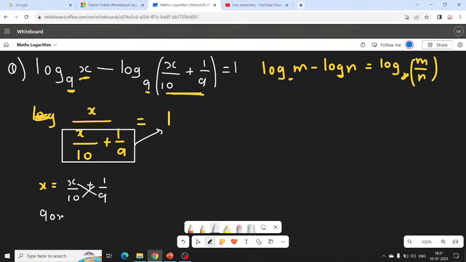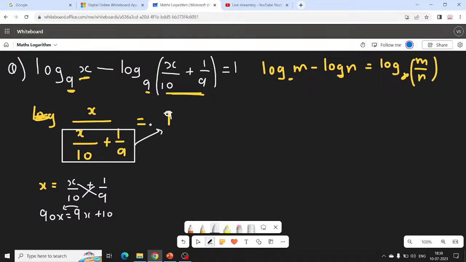This becomes 90x. This is 9x plus 10. Correct? Okay, so 9x comes here. Sorry, I did something wrong. So this will become 9 9, correct? Yeah. Okay, fine. So this is 9.